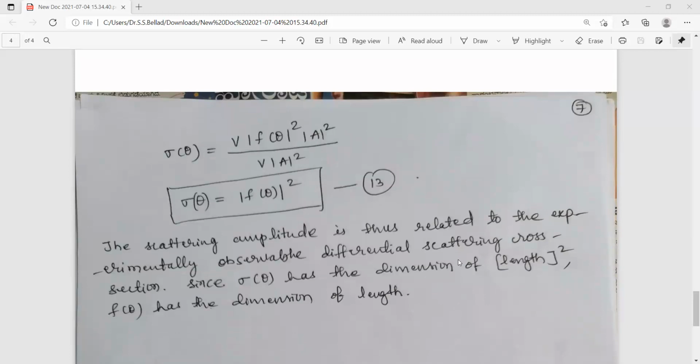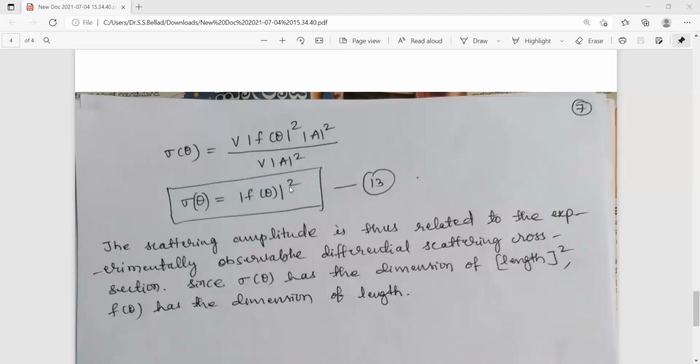So this equation 13 tells that the scattering amplitude is thus related to the experimentally observable differential scattering cross section. This is the differential scattering cross section. Since sigma of theta has the dimension of length square, F of theta has the dimension of length, because sigma of theta is equal to F of theta square.